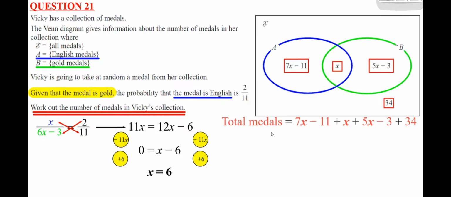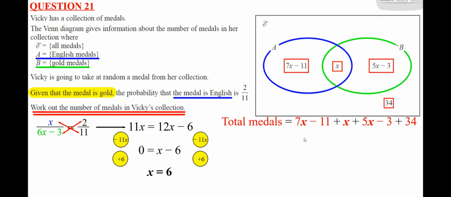In other words, the total number of medals is this 7x minus 11 plus the x plus this 5x minus 3 and plus 34. We could either simplify this first and then sub in the fact we know x is 6, or we can sub in right away that x is 6 and then simplify down this calculation on our calculators, because after all, it is a calculator paper.